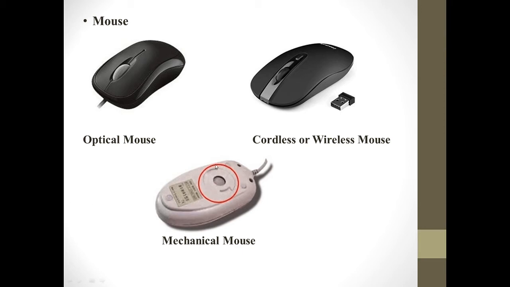Here in the diagram of the mechanical mouse we are showing a red circle. This type of mouse has a ball at its bottom, and with the movement of this ball the cursor will move on the screen. But the advanced version of the mechanical mouse is the optical mouse. The function of the mechanical mouse, optical mouse, and cordless or wireless mouse is the same.